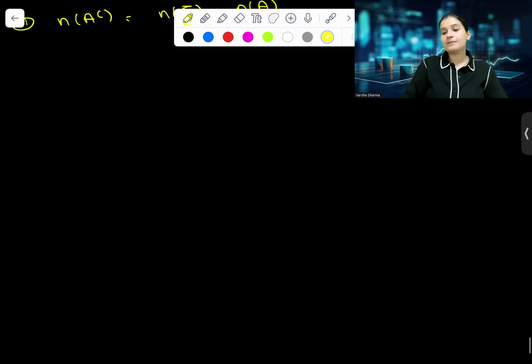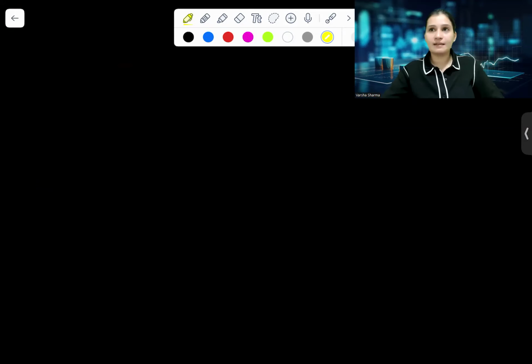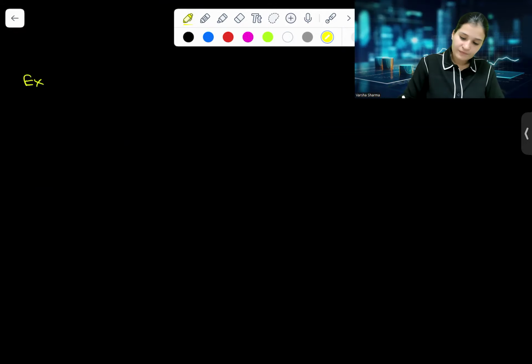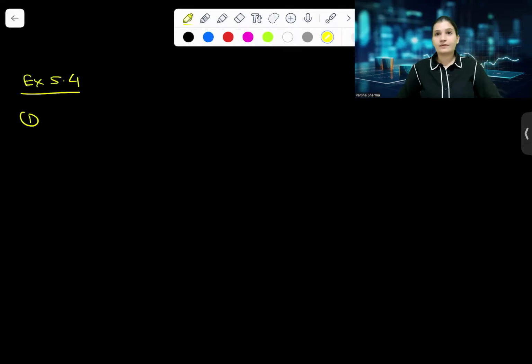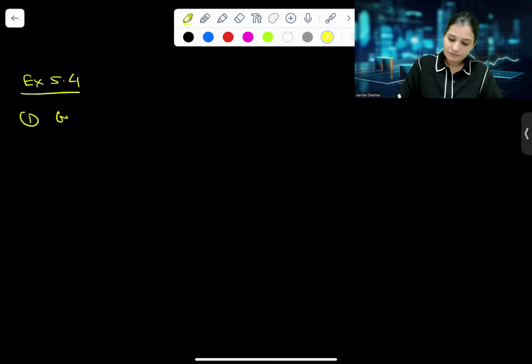Okay. So for two variables, let us first try the ML Aggarwal sum. Exercise 5.4, question number 1. So we are given A, we are given B, we are given the intersection.